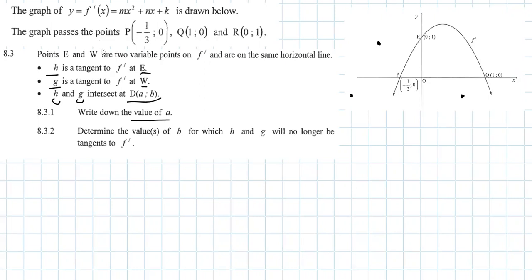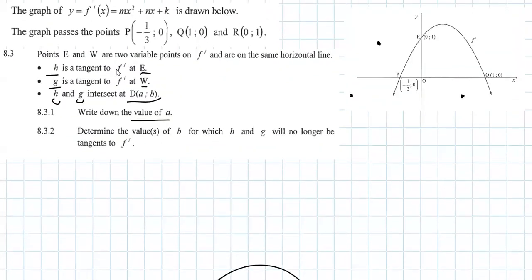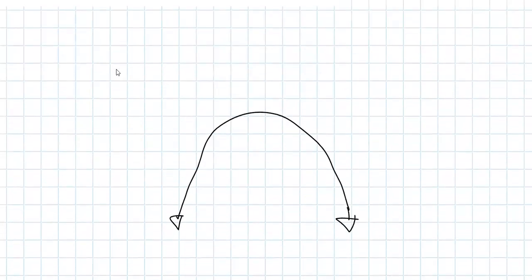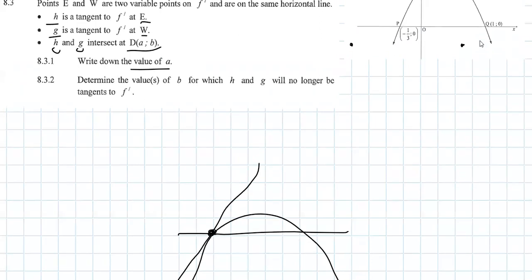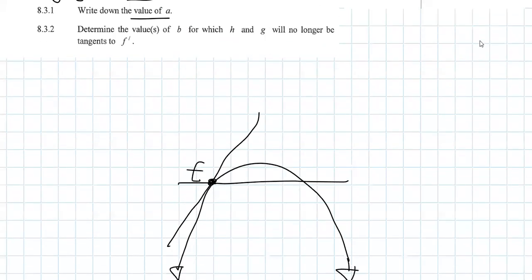So this is our F dash graph. And we have H as a tangent on, you can imagine, one side. These are on the same horizontal plane. So then this would touch the F dash at E. That's just a visualization.